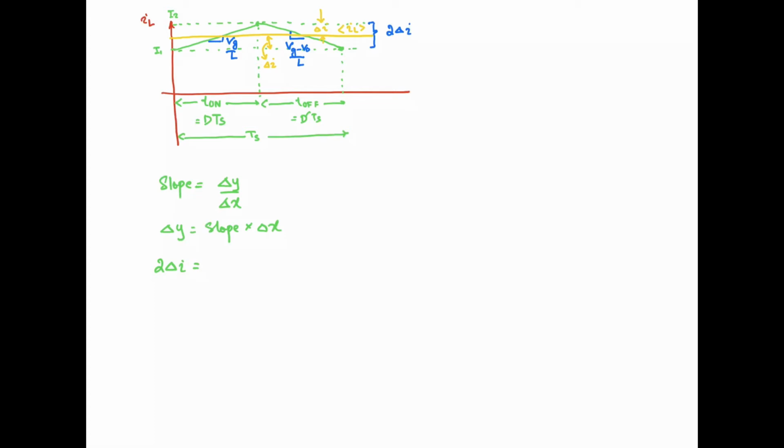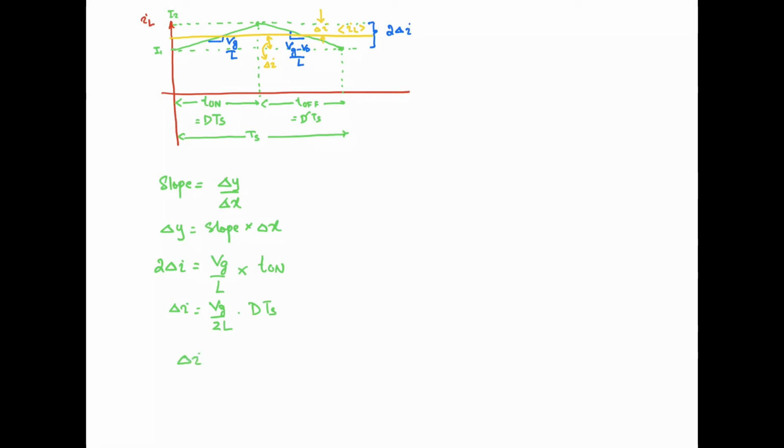So what is the slope in the first mode of operation? In the first mode of operation over here, the slope is Vg by L. So taking this slope from here, Vg by L into delta x. What is the delta x for the first mode of operation? From this point till this point, that is equal to T on. So I can write it like this, and from here I can say that delta I will be equal to Vg by 2L into dTs, because T on is equal to dTs.